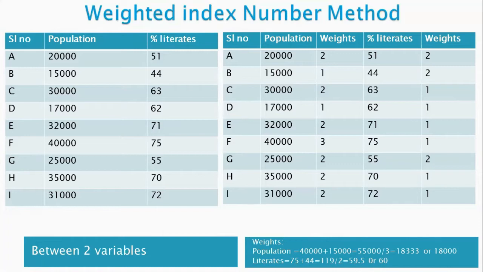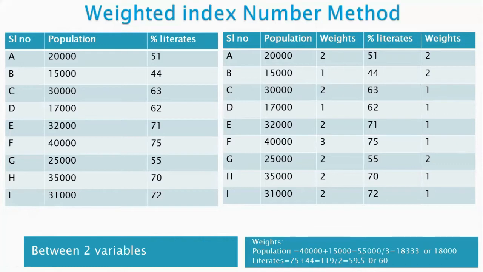What I have done is take the highest value of the variable, that is 40,000, and the lowest value, that is 15,000. These two are added up, which gives 55,000.